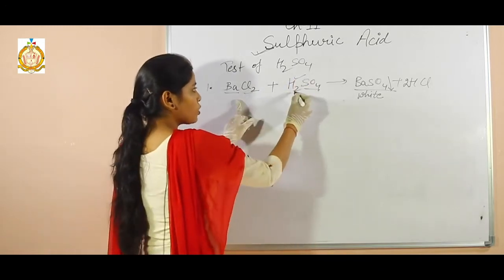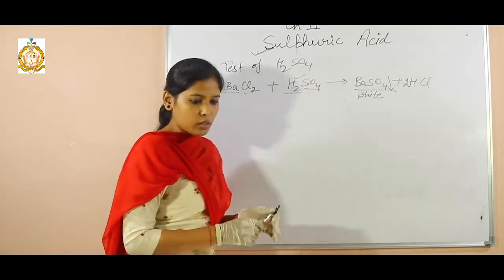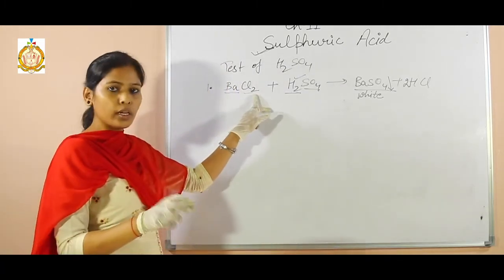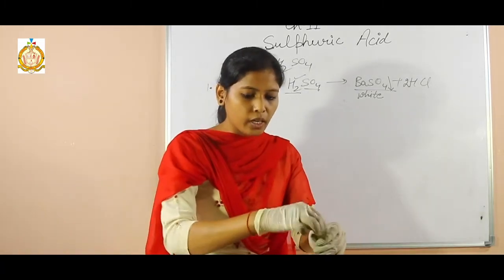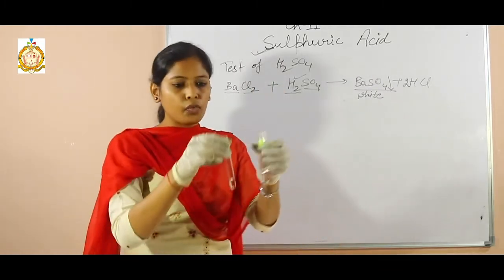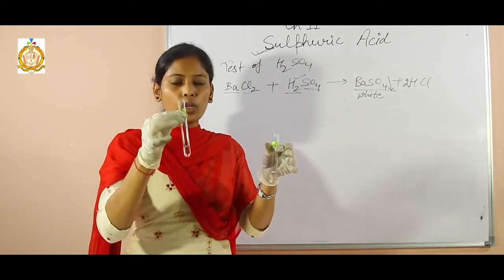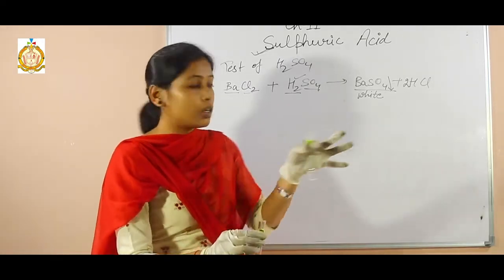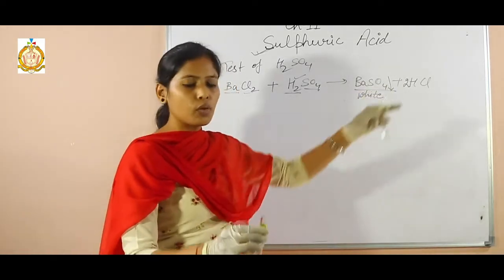So if you want to check the presence of sulfuric acid, just pour a few drops of barium chloride into the acid. This is barium chloride. If I add a few drops of sulfuric acid into the barium chloride, you will see white precipitates of barium sulfate.